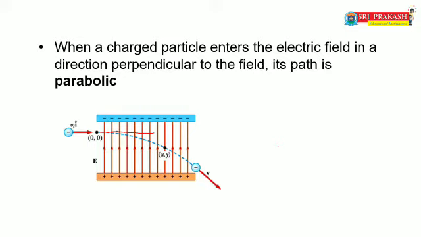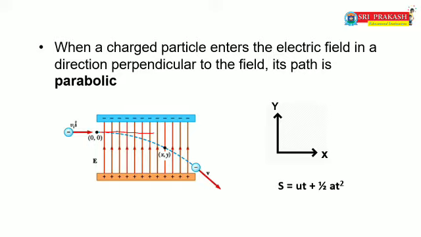Consider an x-axis and y-axis. For example, the charged particle moves along the x-axis and the electric field is along the y-axis. So the electric force on this charged particle is continuously along the negative y-axis. Due to that there will be an acceleration.